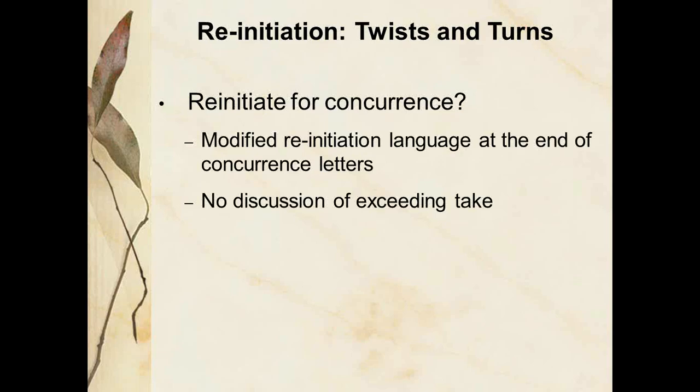If anybody downloaded that, there's a nice block that you'll see that's almost always copied and pasted straight into any BO. Some field offices will put that same paragraph, minus the talk about exceeding take, into their concurrence letters as well. Basically all that is a reminder to say, look, you guys have made this determination of not likely to adversely affect.